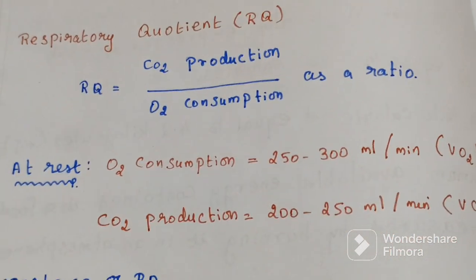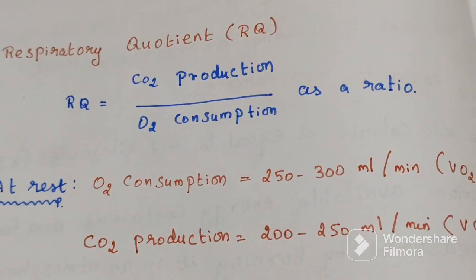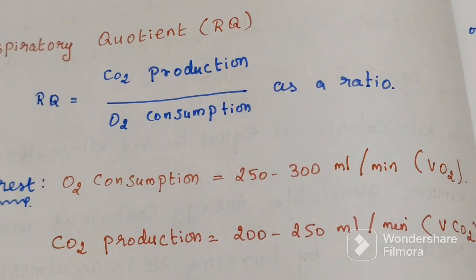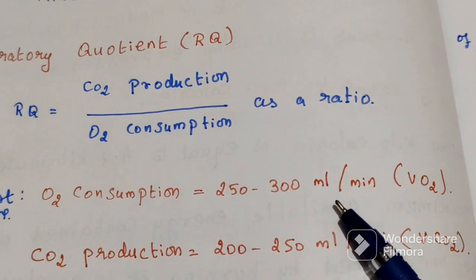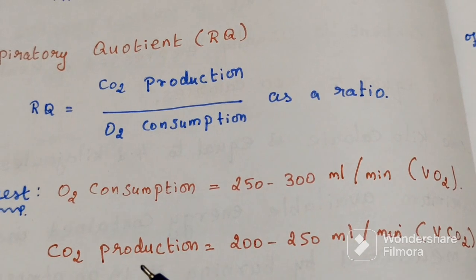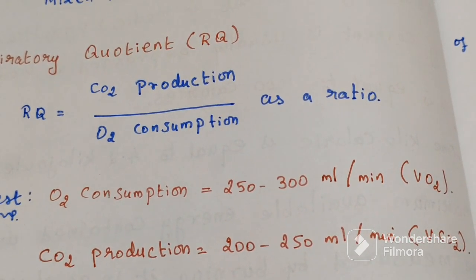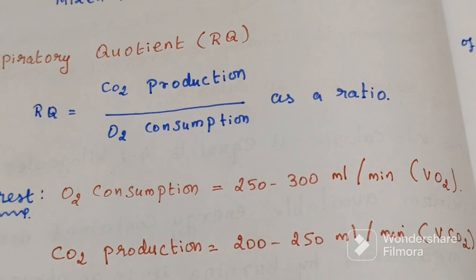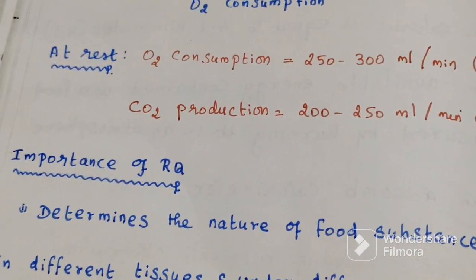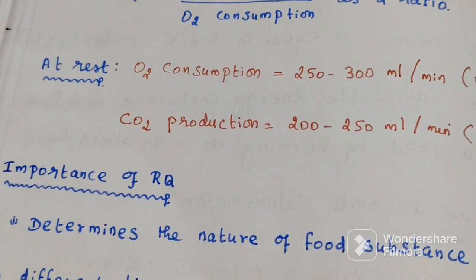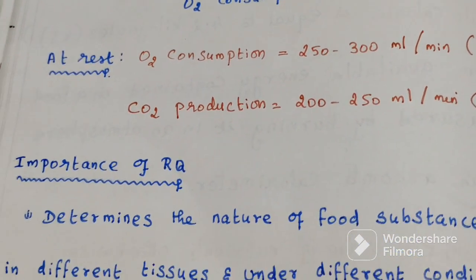At rest, oxygen consumption is about 250 to 300 ml per minute, while carbon dioxide production is about 200 to 250 ml per minute. So what is the importance of respiratory quotient?